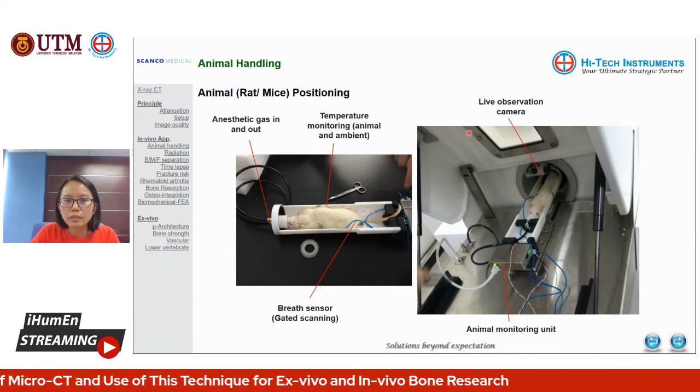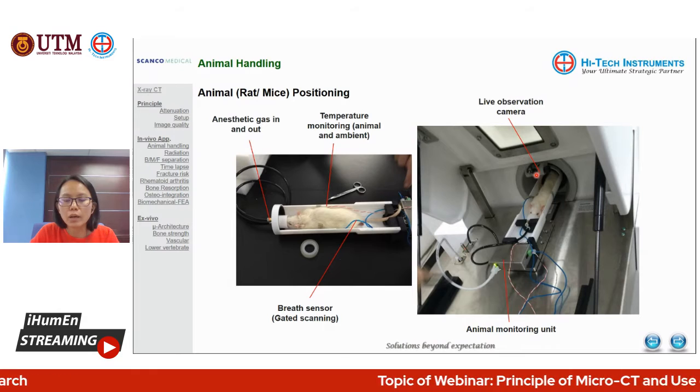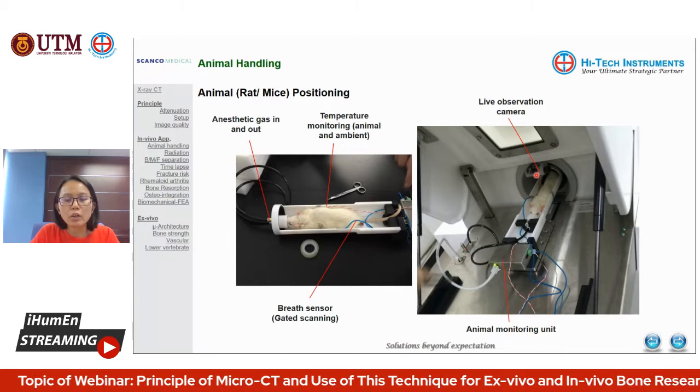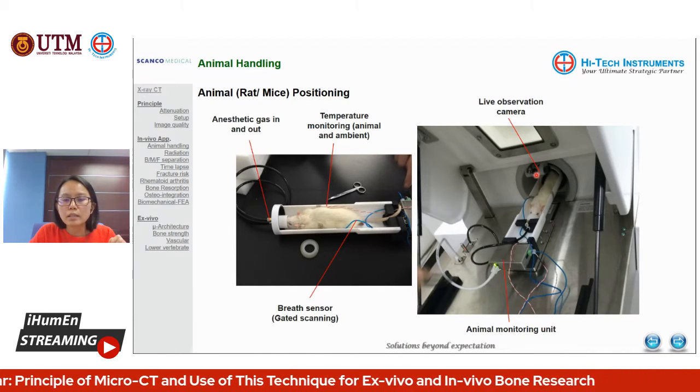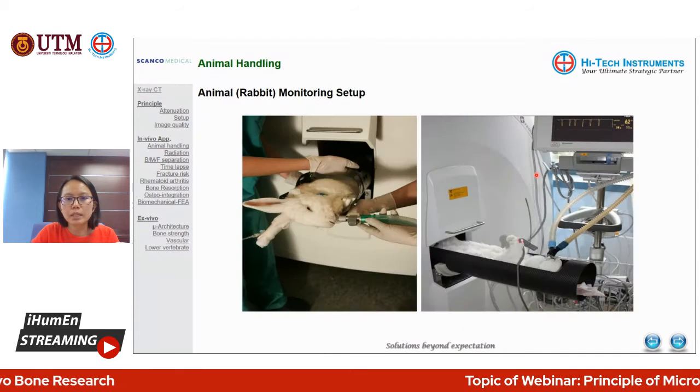As you can see from here, there is another live observation camera that you can use to monitor the activity, or if there is any reaction or any sign of the animal regaining consciousness. So those are the few things that can help with the animal handling during the scanning process.